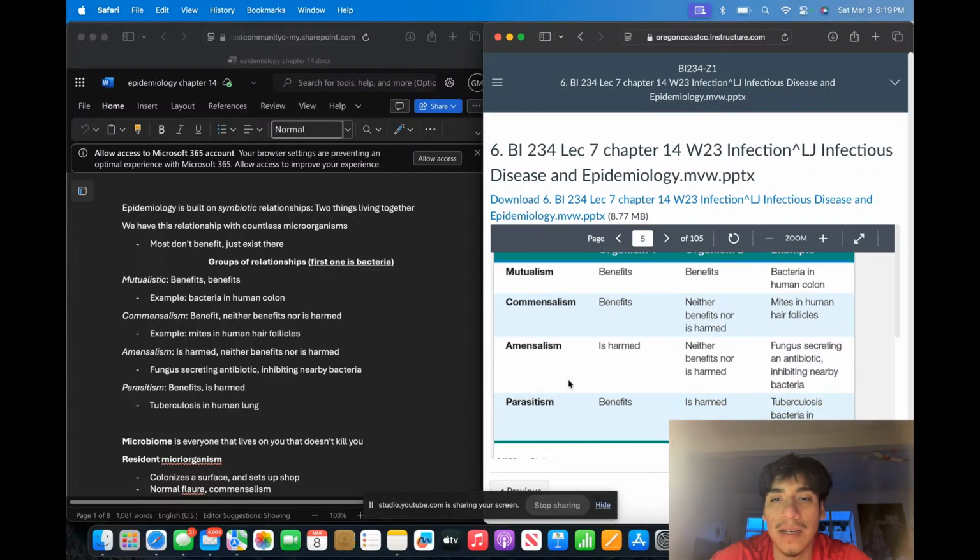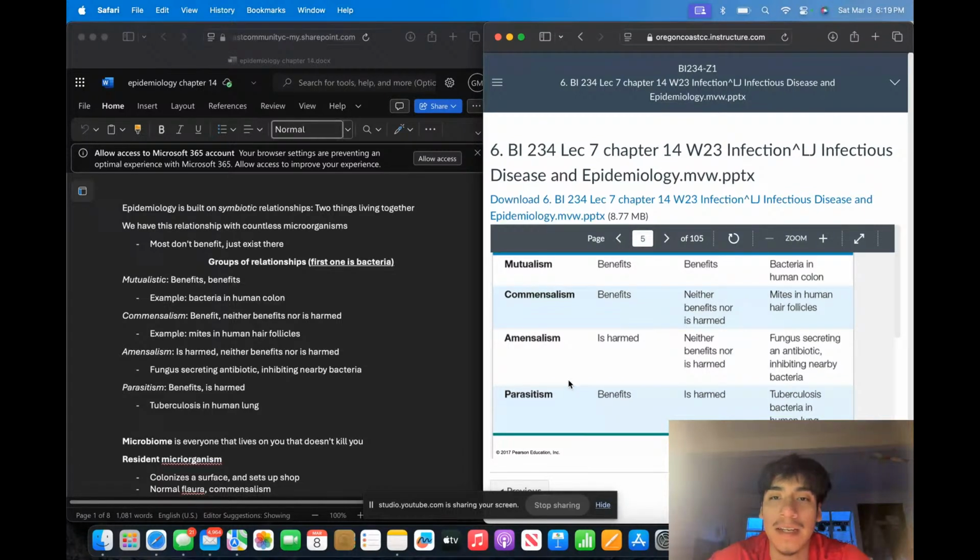Commensalism benefits the organism and doesn't benefit you, but you're not harmed. You're neutral to it. A good example would be mites in human hair follicles. That's kind of a weird one, but basically most of your microbiota is just commensalist. They're just kind of there.